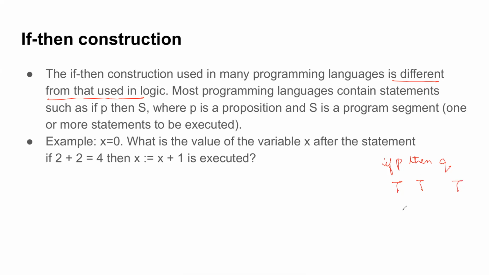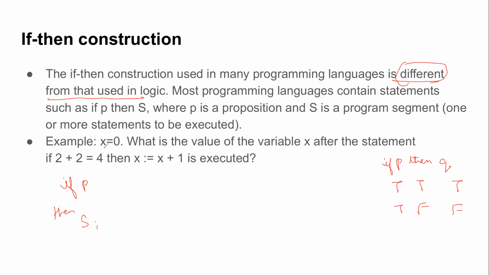Similarly, when P is true and Q is false, it's false. But the same thing does not happen in programming language. It is totally different. In programming language we have some statement; if that is true, then the commands we run will be executed, and if it is false, it will just skip them.